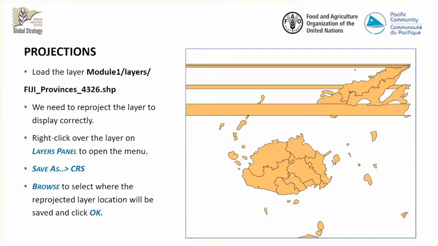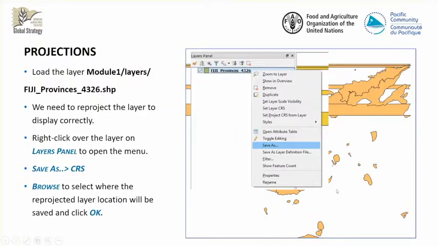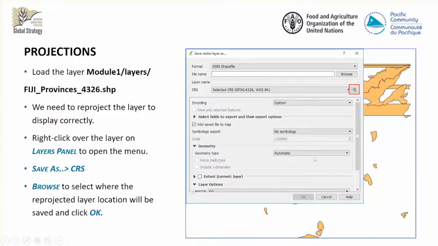We change the projection by saving, like by making a copy of the shapefile, but when we go through the copying process, we just change the coordinate reference system to another that is going to be more suitable for us, okay? So we right-click on the layer panel and we click on Save As, step by step.